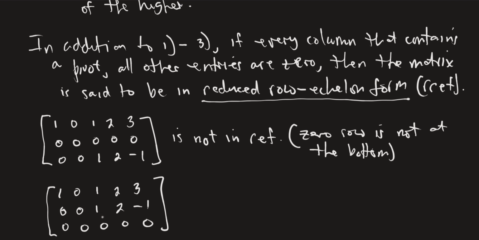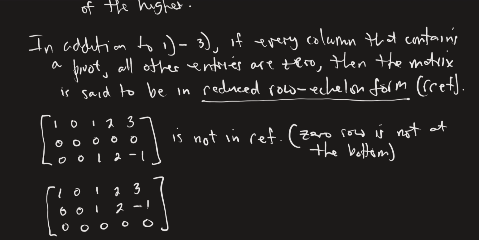That's why we have to generalize that requirement: the pivot in row 2 has to be further to the right than the pivot in row 1. In fact, the pivot in row 1 doesn't have to be in this position, and you'll see that in another example I'm about to write down.